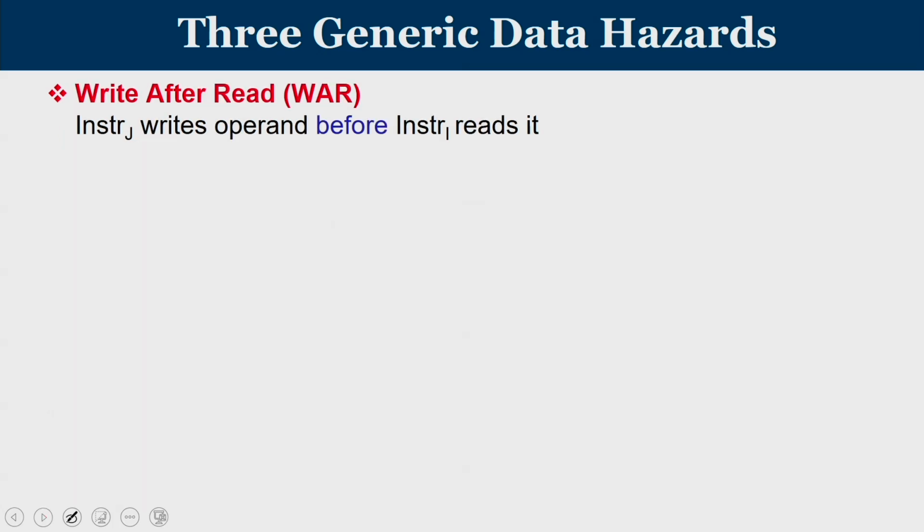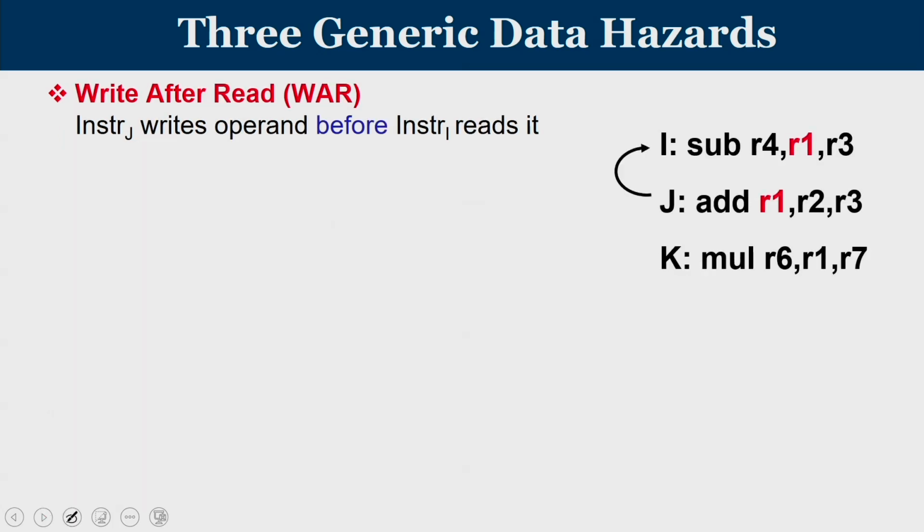Now, the second category of hazard is known as write after read hazard, also known as WAR hazard. Look into the scenario. Instruction I is going to read from R1 and instruction J is going to write into R1, and instruction K will actually read that value of R1 which is written by J. So, essentially J is supposed to write a value into R1 which K is going to use.